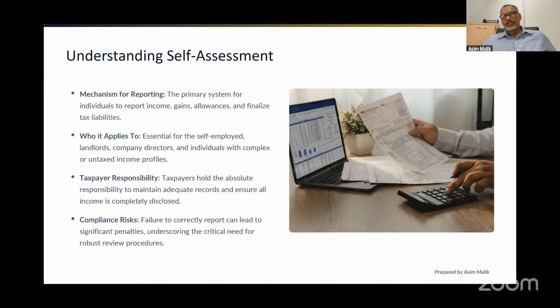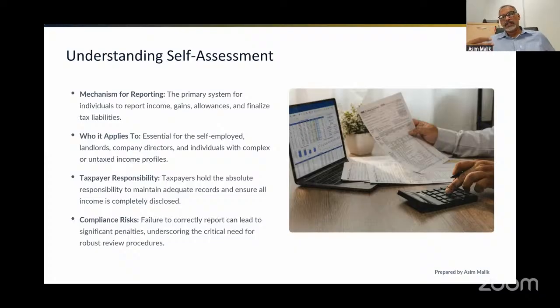Now, HMRC have got certain tools available to make sure that the information is accurate. A typical example is that certain bodies are sharing information with the taxman, with HMRC, typically banks and foreign entities.